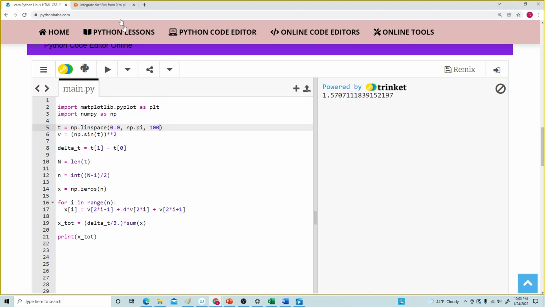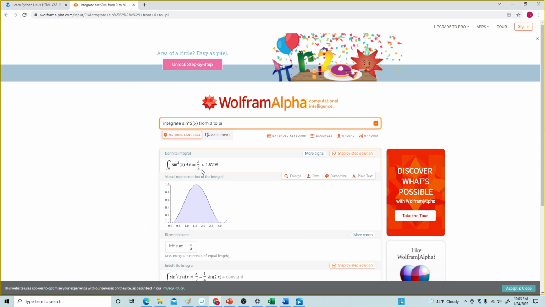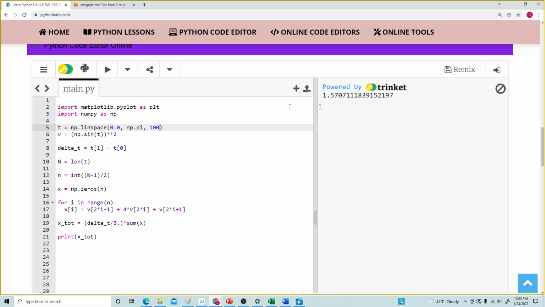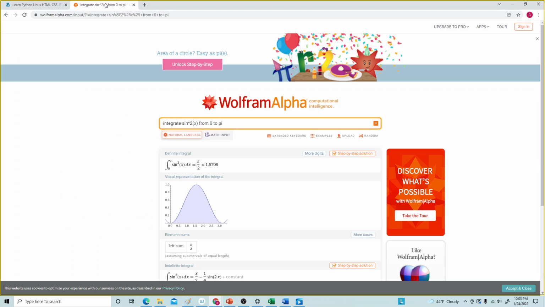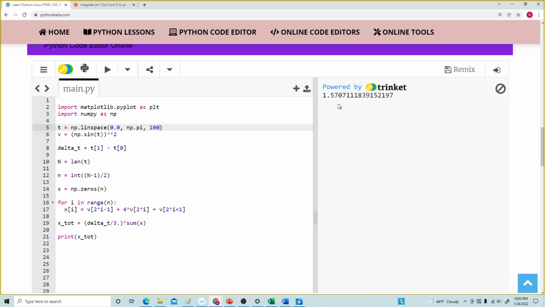Ooh, okay, so now it overshot. Not by much. Actually, it didn't overshoot, it slightly undershot. 1.5708, and we got 1.5707. Now, one part out of 10,000 would usually be very good. We would call that a success.